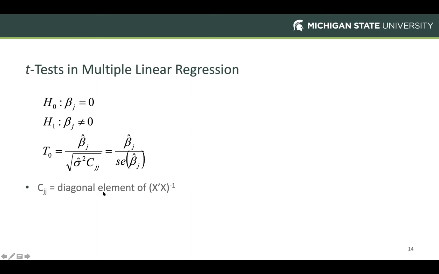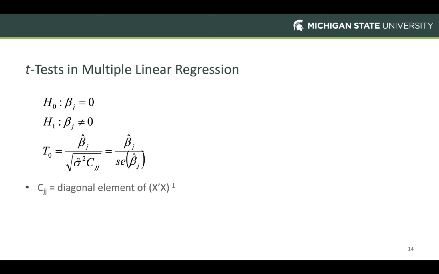And that standard error is simply equal to our variance estimate. And so sigma hat squared, as you'll recall from the preceding slide, is just our mean squared error from our ANOVA table, times the corresponding element of our variance covariance matrix. And so this is basically a matrix which we can construct that would relate the variance of each of our predictor variables of interest as well as the covariance between those respective predictors.